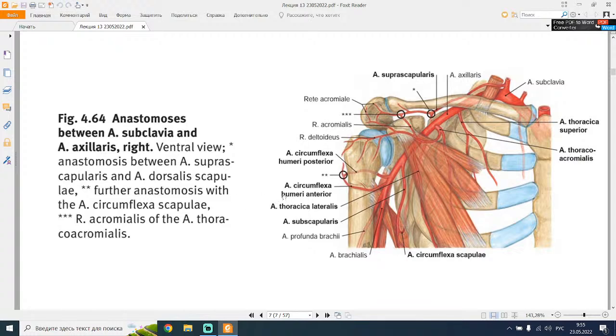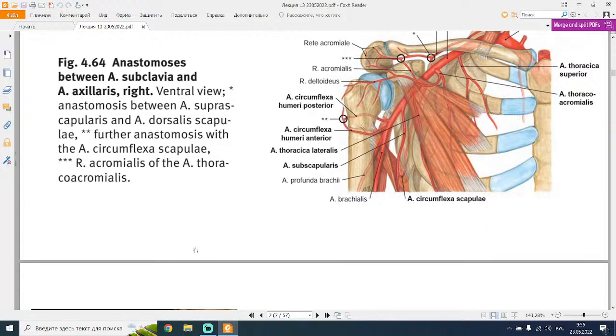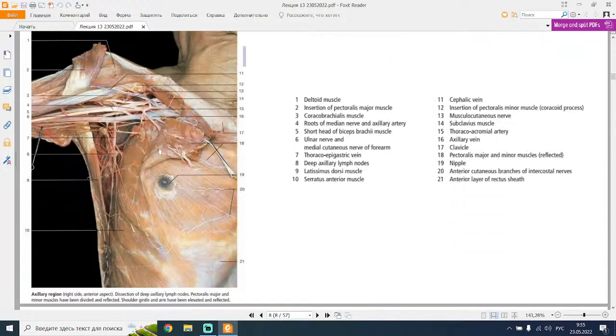And the next anastomosis between arteria circumflexa humeri posterior and arteria circumflexa humeri anterior forms anastomosis. Next artery, axillary artery.